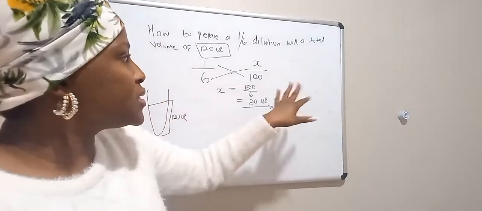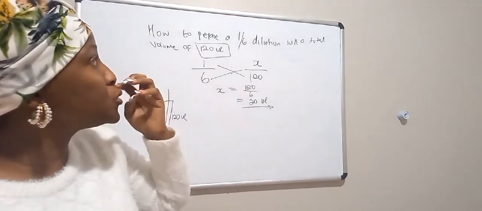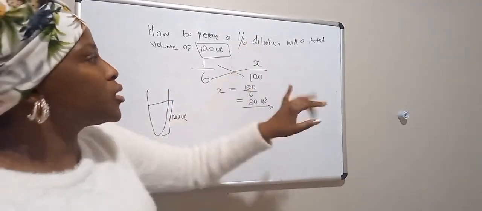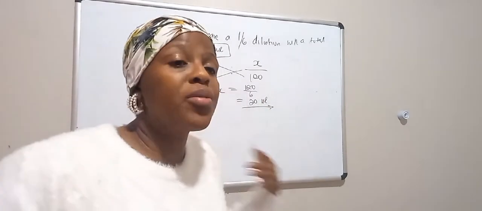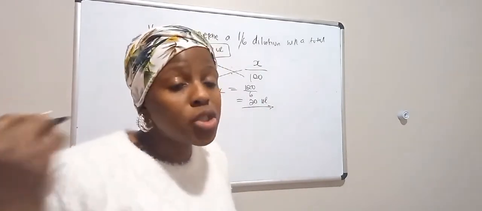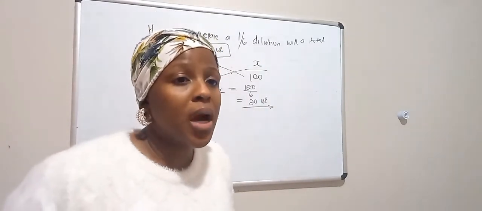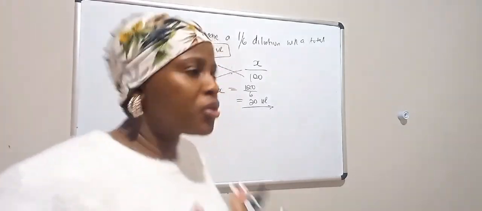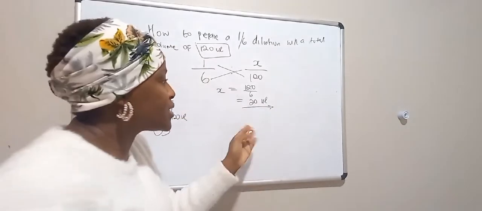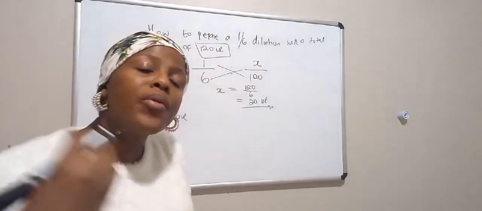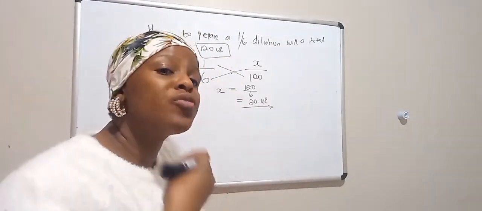So to be able to do this 1 in 6 dilution, we're going to use 20 microliters of serum. But remember, we still need to know how much diluent we're going to use, because the question is asking how you are going to do it. So your answer doesn't end here. How do we determine the amount of diluent?